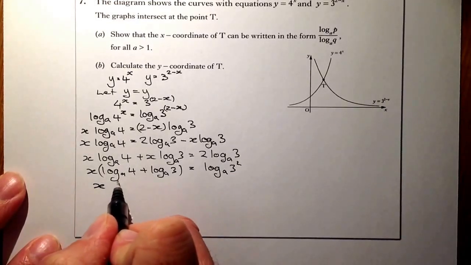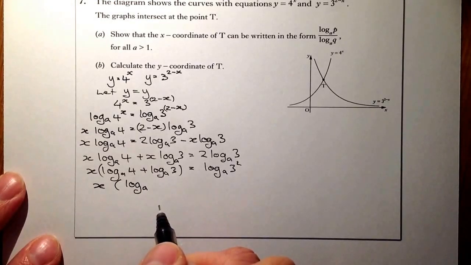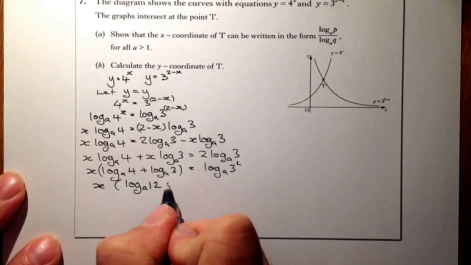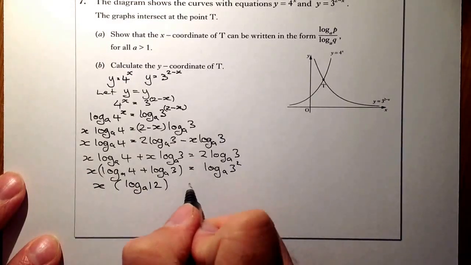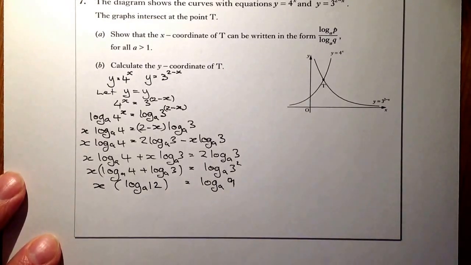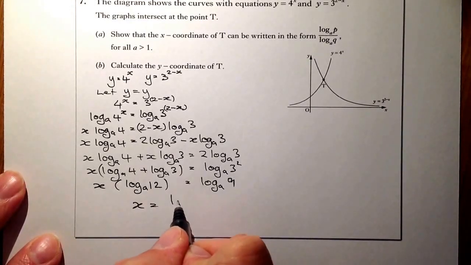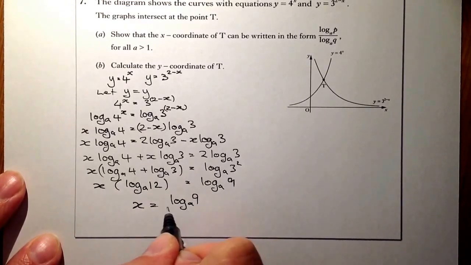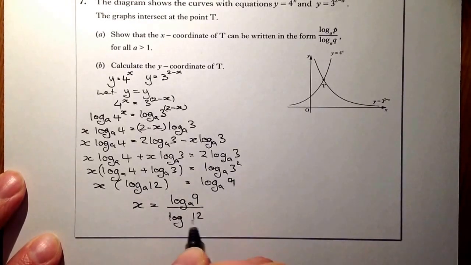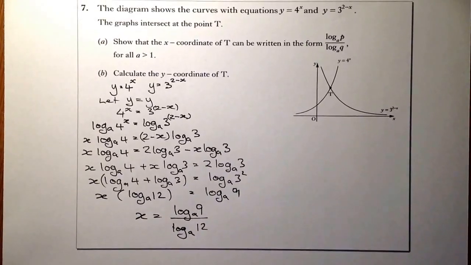So x log a of, and I'm going to multiply them together: 4 times 3 gives me 12, and I'll just square the 3 and that gives me a 9. All that's remaining is to divide by log 12 to the base a. So x is equal to log 9 to the base a over log 12 to the base a, and that would be that question complete for part A.